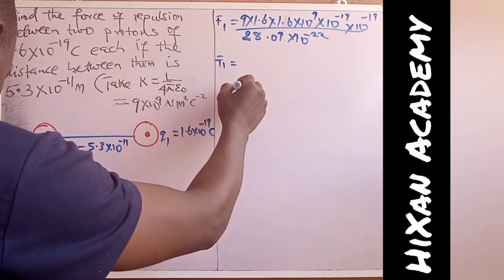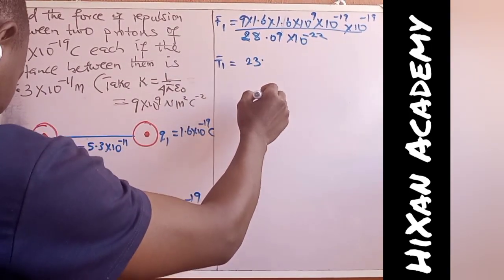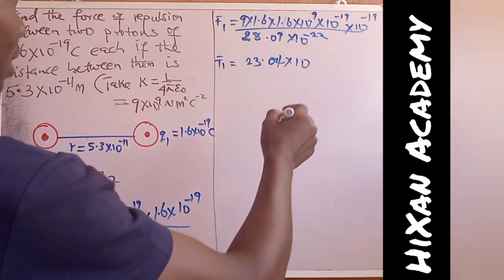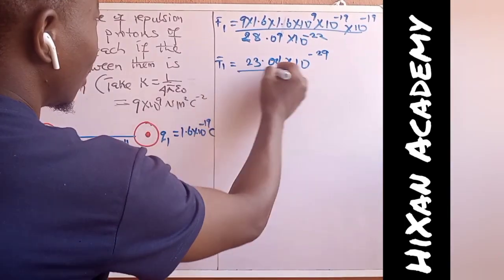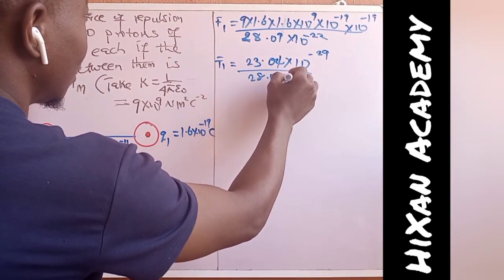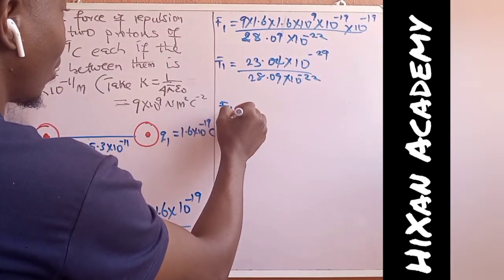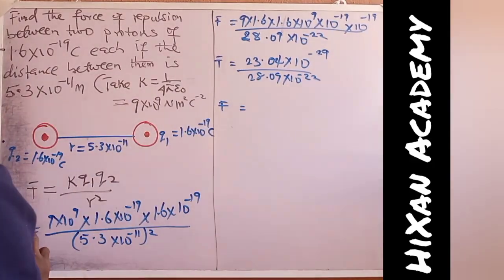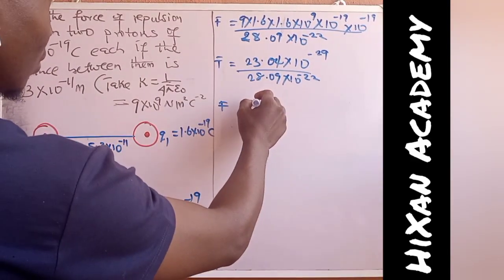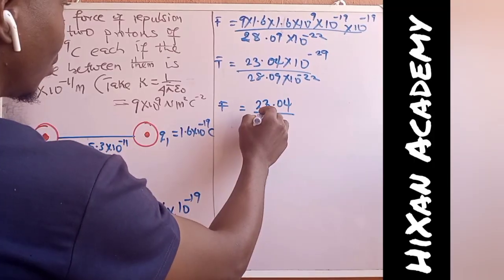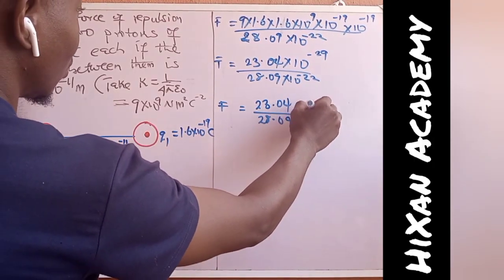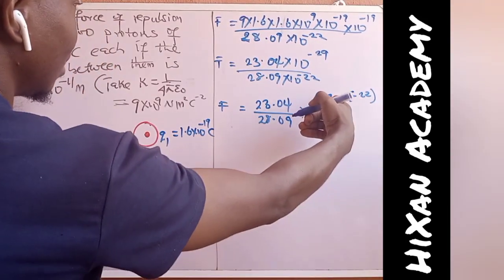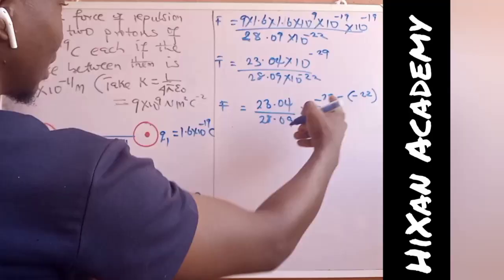So our F1 equals 23.04 multiplied by 10 to the power of negative 29 here in the power, and we have 28.09 times 10 negative 22. So our F, you can call it F. I think there will be no need for F1 since we're just looking at one force. So it's just F. So we're going to have 23.04 upon 28.09, then multiplied by 10 to the power negative 29 minus negative 22, that is indices. The number of the same base divide, you subtract their powers.